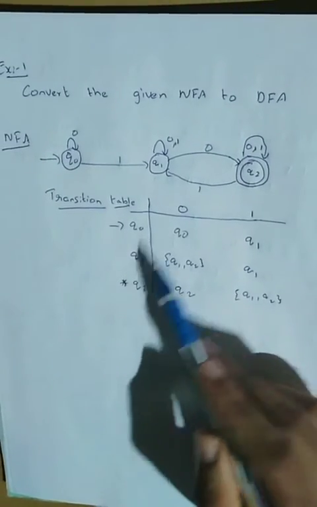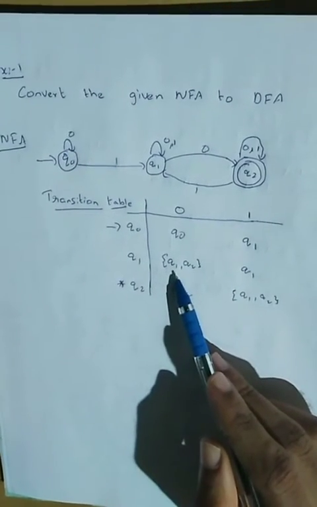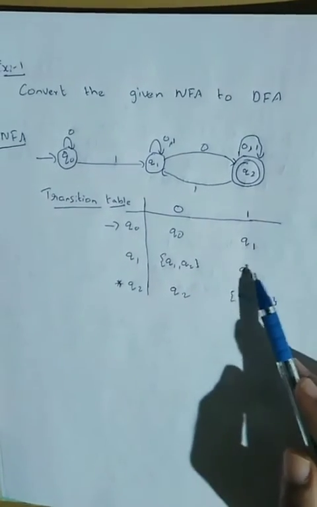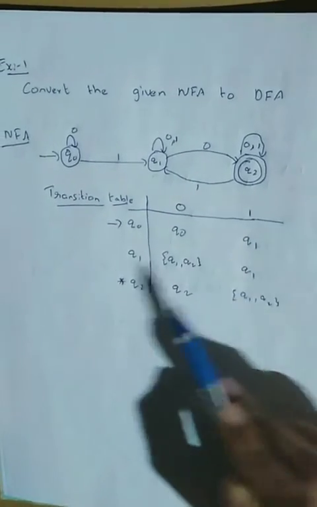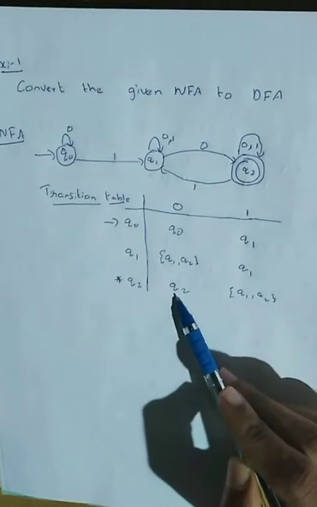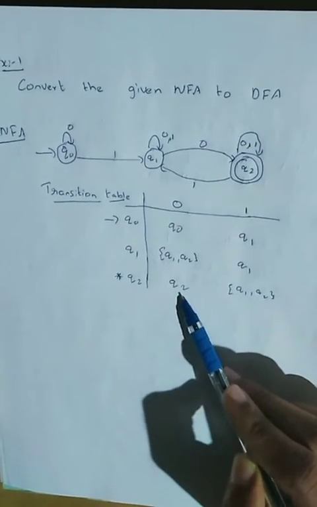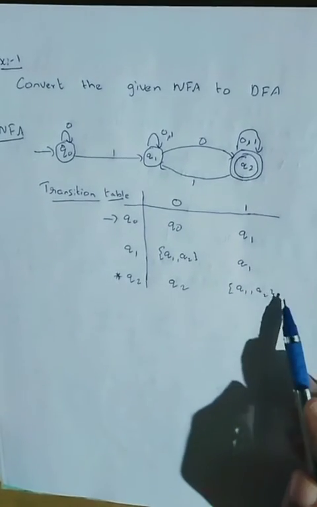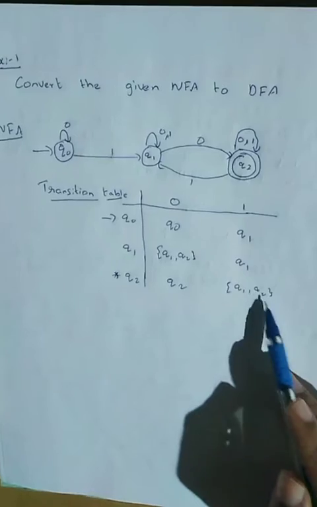Q1 with the input 0 goes to the combination of Q1 and Q2, and with the input 1 it goes to Q1. Q2 with the input 0 goes to Q2 itself and stays there, and with input 1 it goes to the combination of Q1 and Q2.